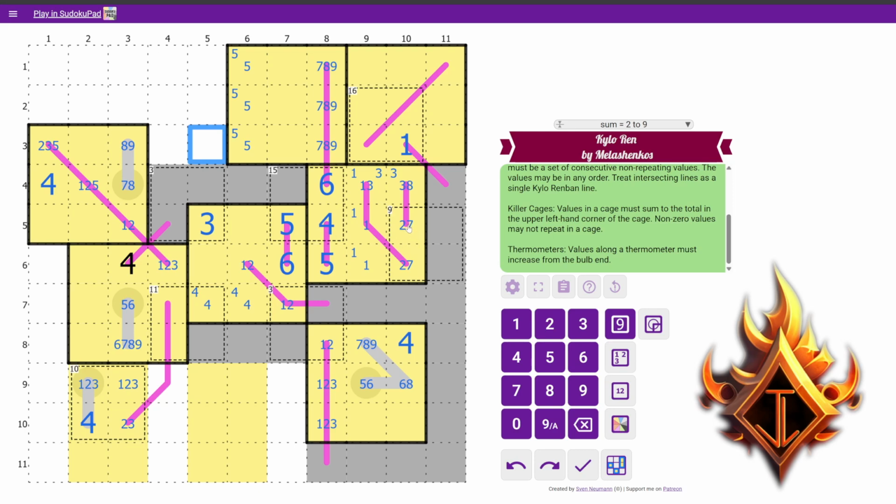And if this was 7, that would be 8. That would make that 6. And that 5. If this was a 2, that would be 3. That would be 7, 8, 9. That would be 7.